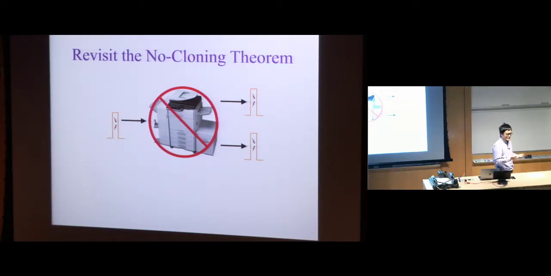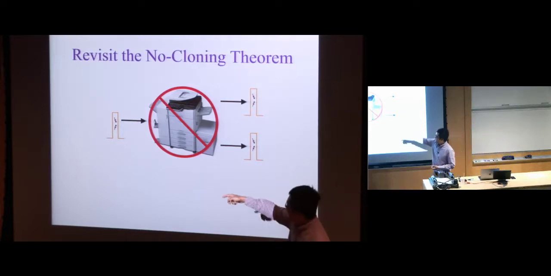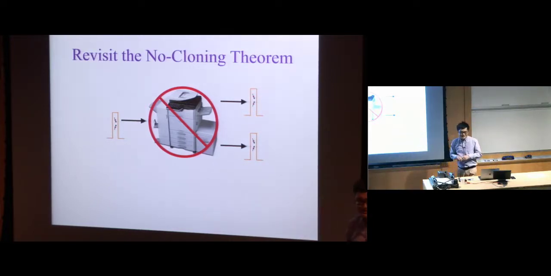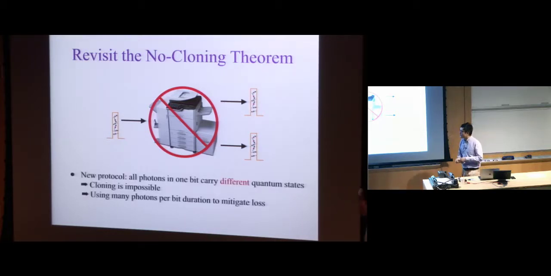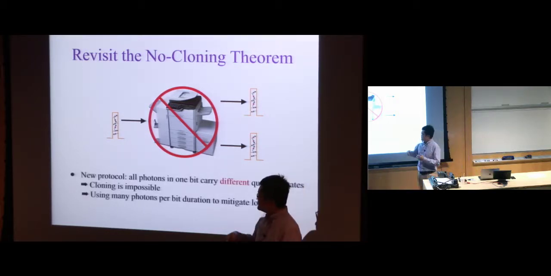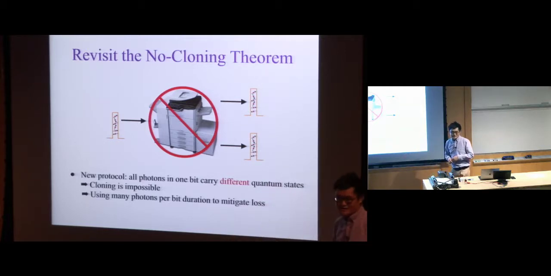You cannot duplicate the state of either photon. So if you have a lot of photons within 1 bit duration, and they all carry random states, you won't be able to copy the state carried by any of the photons.